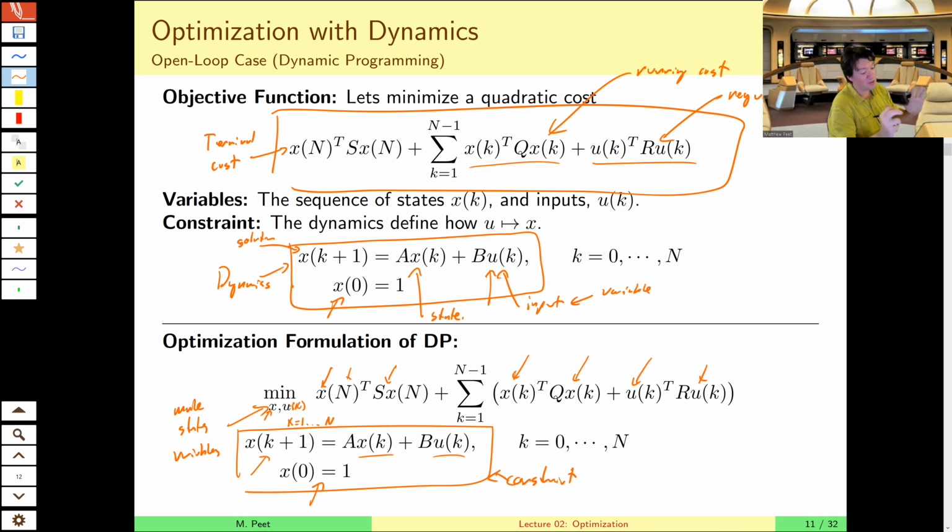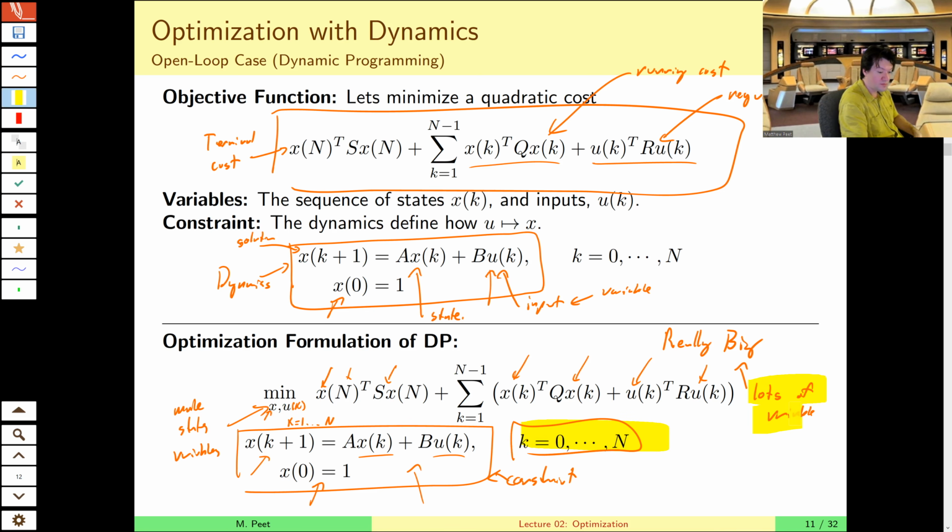So this is a really big optimization problem. Big, and by big, we mean lots of variables, and lots of constraints, because we have n of them.